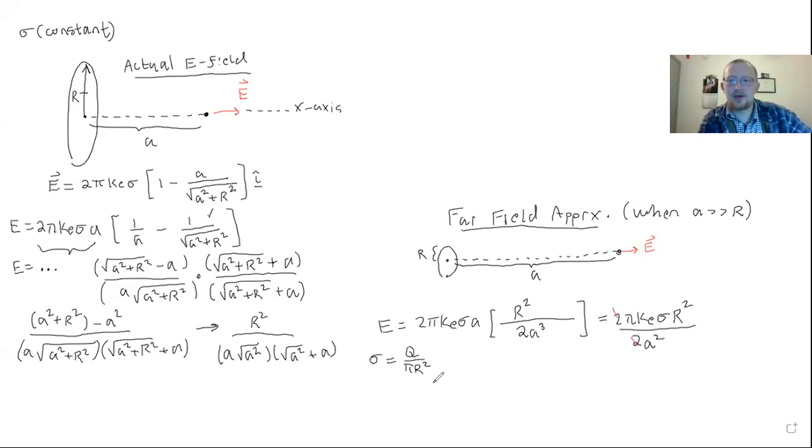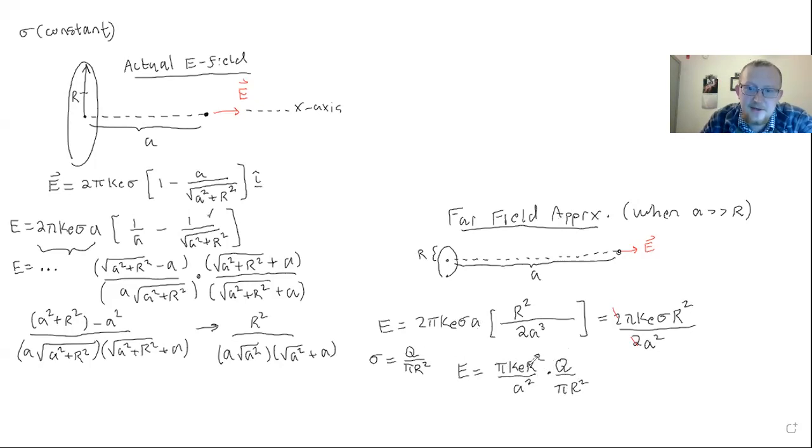And so we're going to plug that in for sigma. And what we'll see is that E is now equal to pi ke R squared over a squared, right, times sigma, which is the total charge of the object divided by pi R squared.